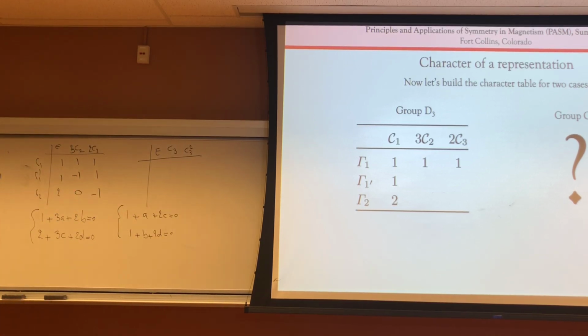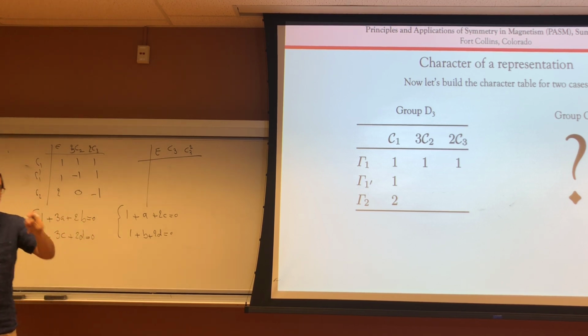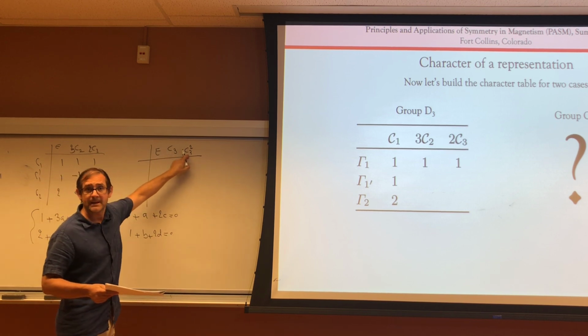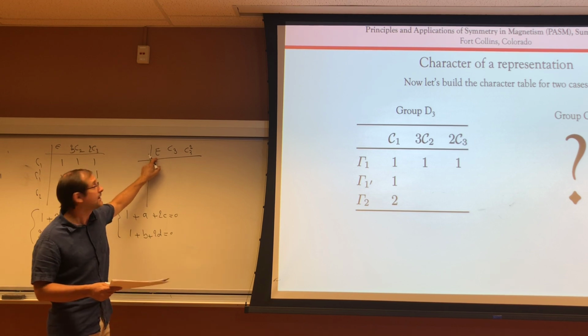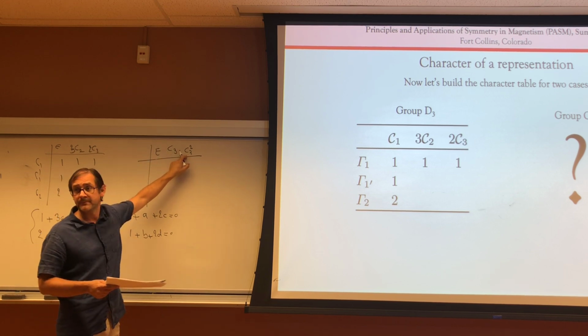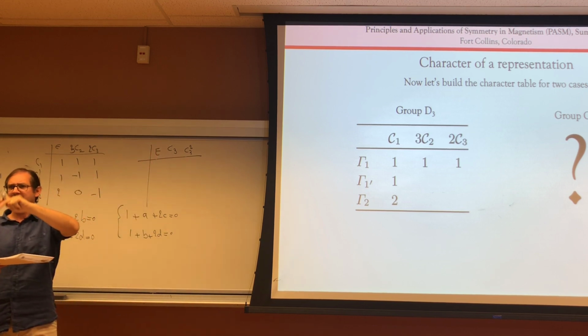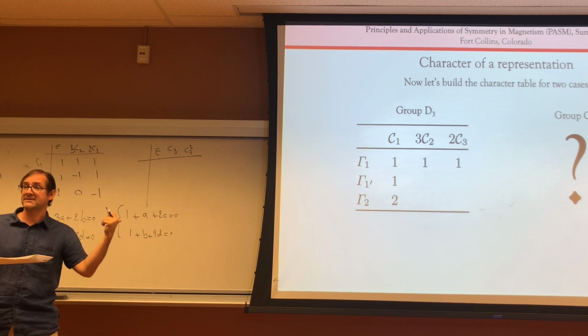Remember this conjugation stuff? You have to find a transformation that connects those two, and with those three transformations, there is no way you can convert this one into this one. So they are actually separate. Although you could say, come on, this is just going one way, going the other way. Yes, but they are separate in this particular case.